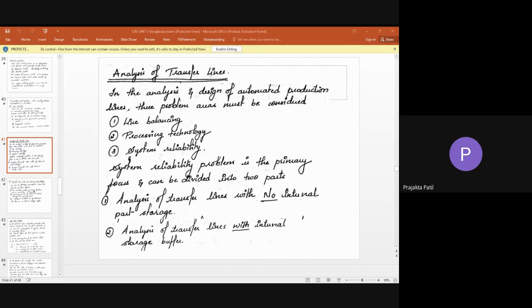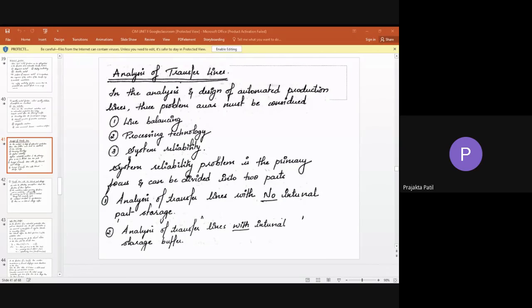So let us start with the first one, and I just want you all to have a page, a book and a pen in front of you because we will start writing the equations, which are very important. So you all can just write down under the main topic analysis of transfer lines. Under that, you can write the first one, that is analysis of transfer line with no internal part storage.